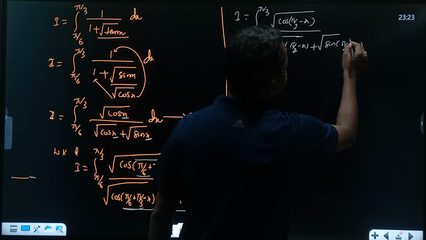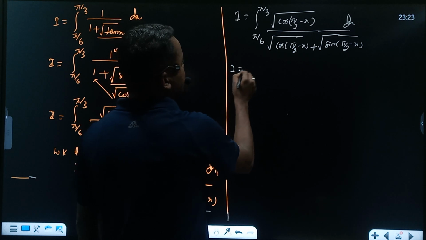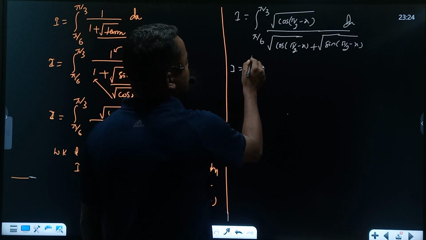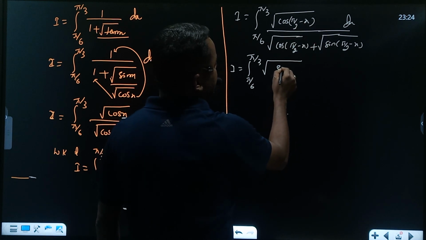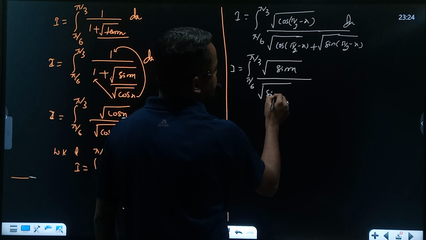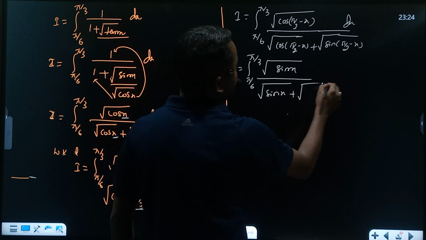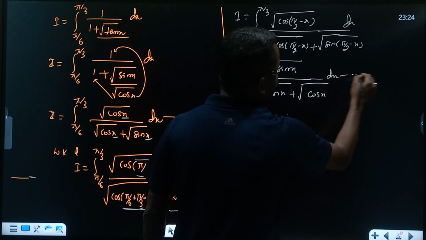Now I is equal to the integral from 5 by 6 to 5 by 3 of root of cos of (90 minus x), which is sin x, divided by root of sin x plus root of sin of (90 minus x), which is cos x, dx.